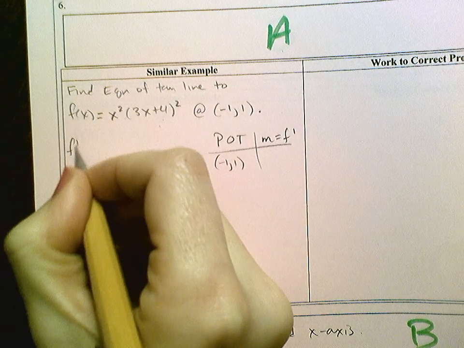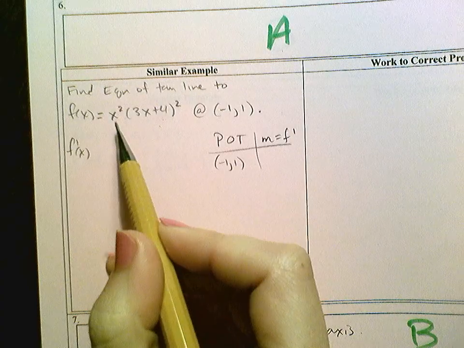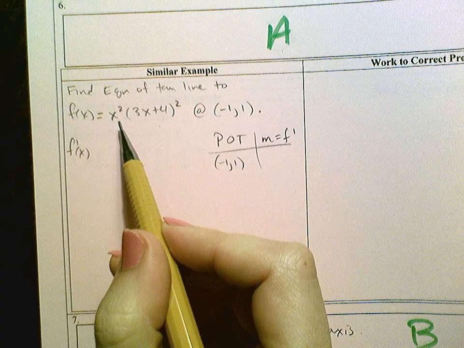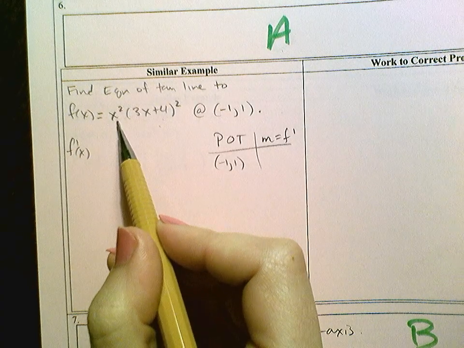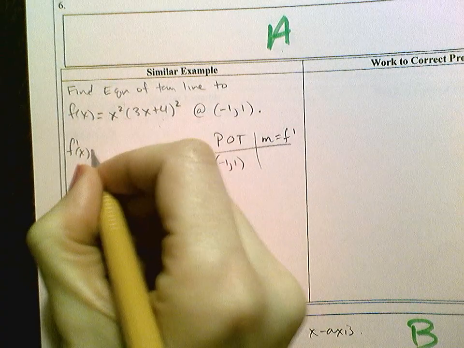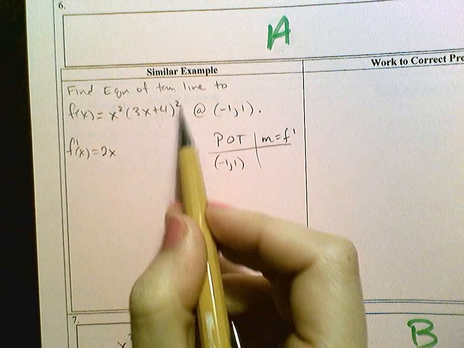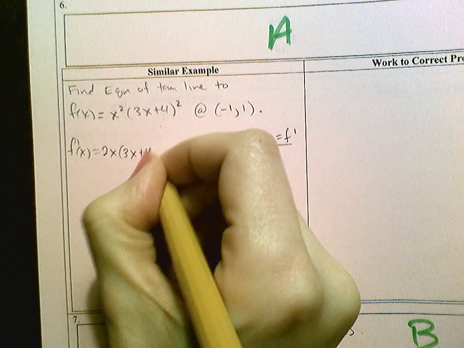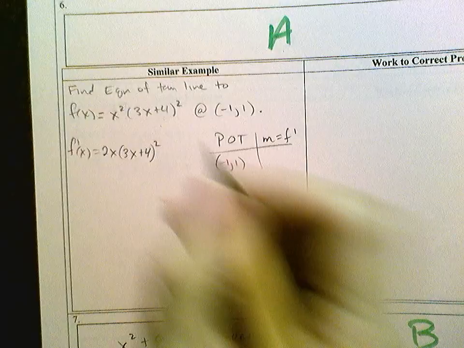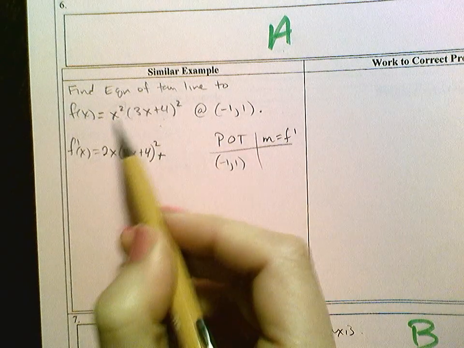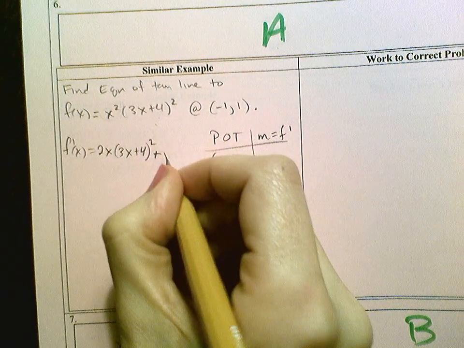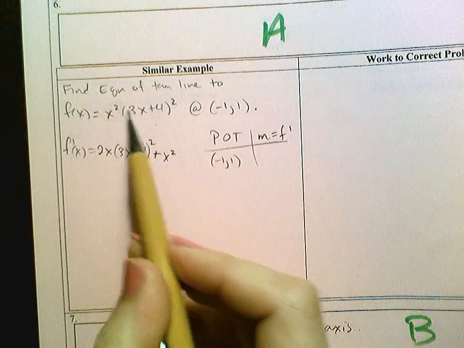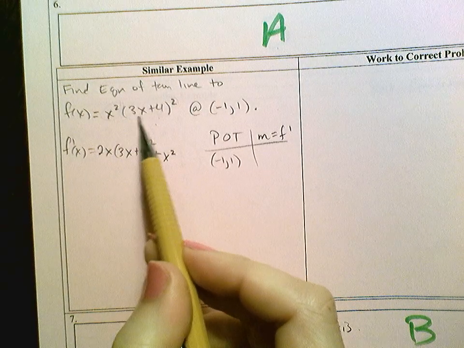So f prime of x. So I'm going to go, so the derivative of this one is 2x, and then I just bring down the second function. Plus, you just bring down the first function, and then you've got to do the derivative of this one.